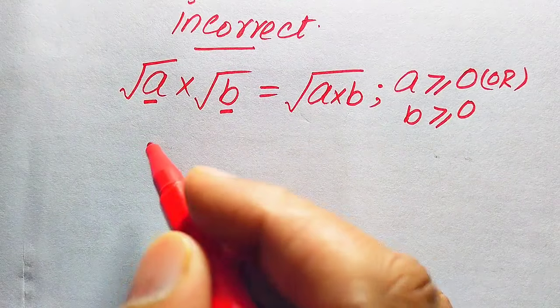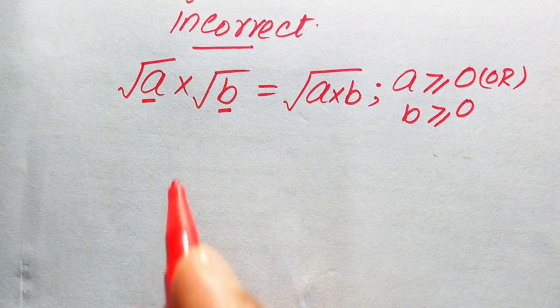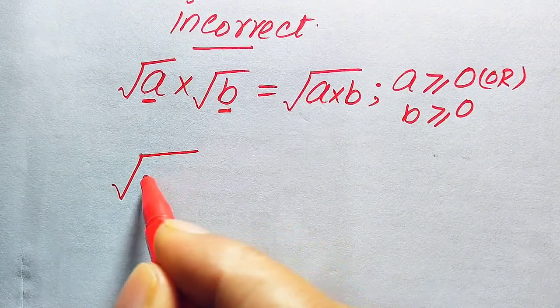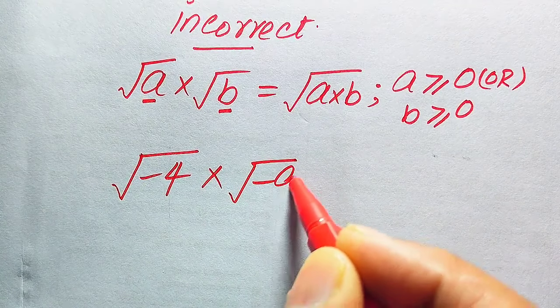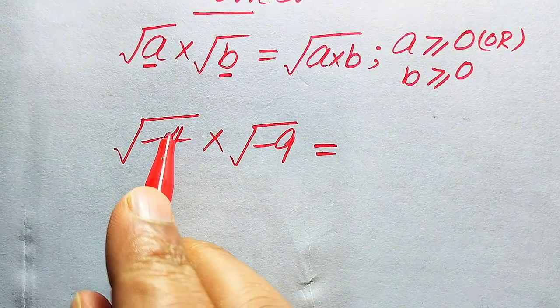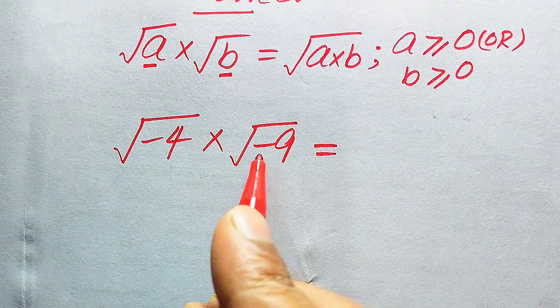And now we solve this problem with the correct method. First we copy down the given question statement. It is the square root of minus 4 multiplied by the square root of minus 9. First we apply the square root separately on minus 1 and 4, and the same pattern here.